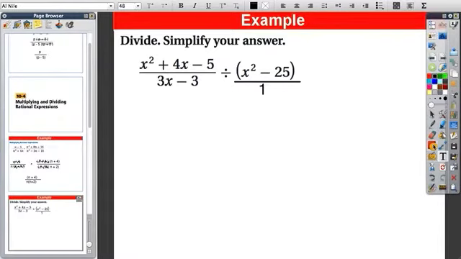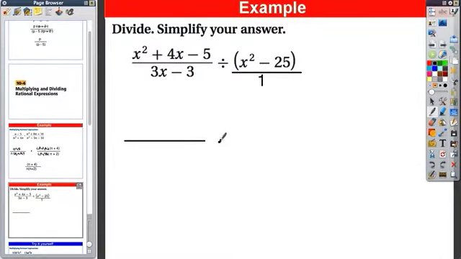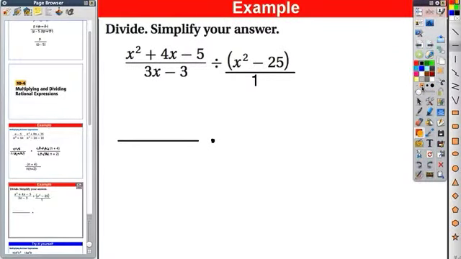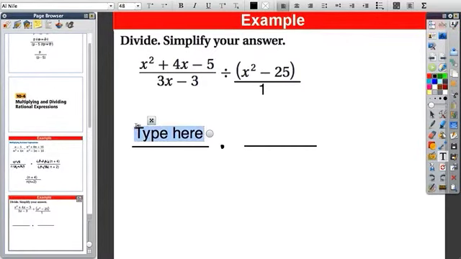So what I'm going to do here, I am going to change this one to a multiplication. Now when I change this one to multiplication, this one stays the same, so x, and then I need the exponent part, x squared plus 4x minus 5.